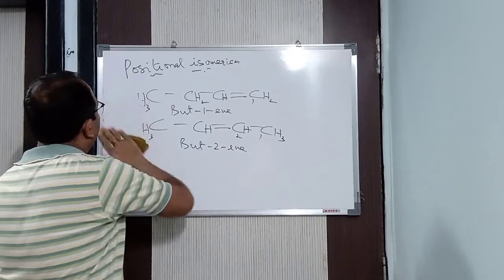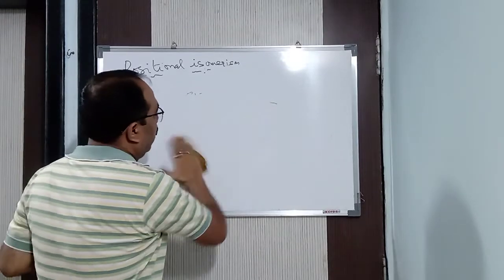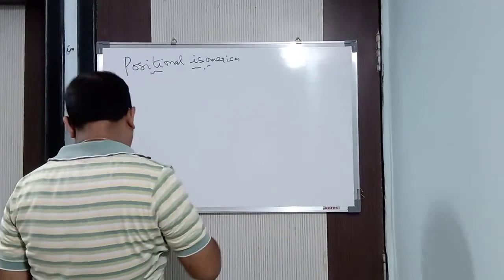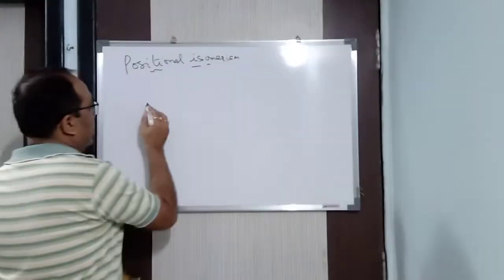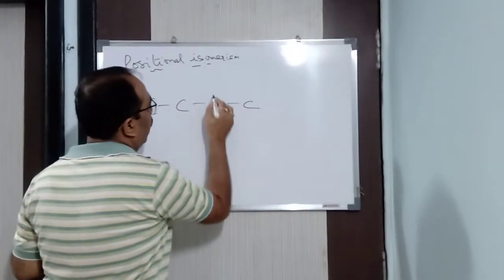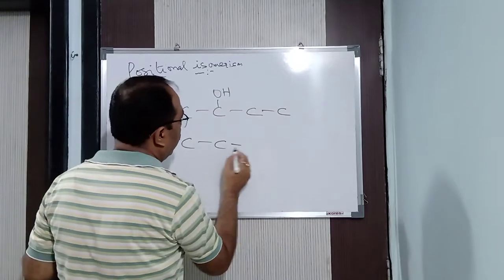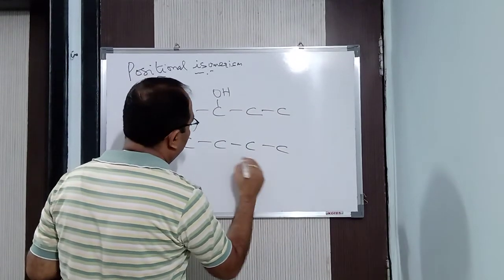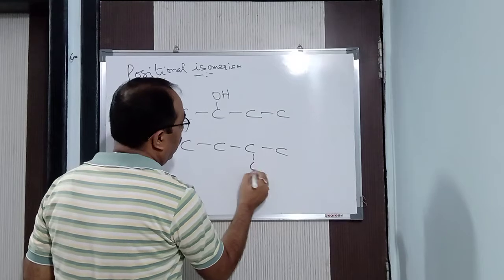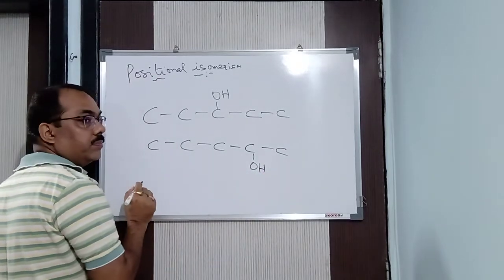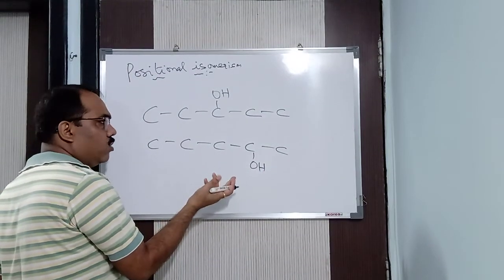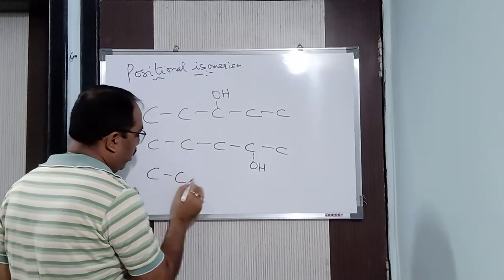Okay, I'll give you one more example. Let us take the compound here with OH, and here one more I can give. We can have more than 2 also. Why not?